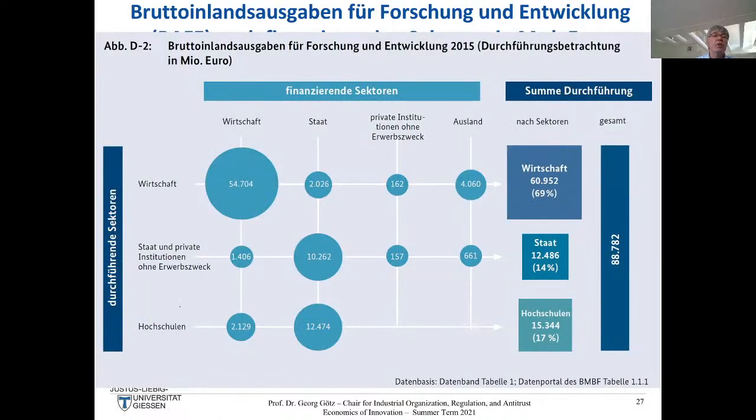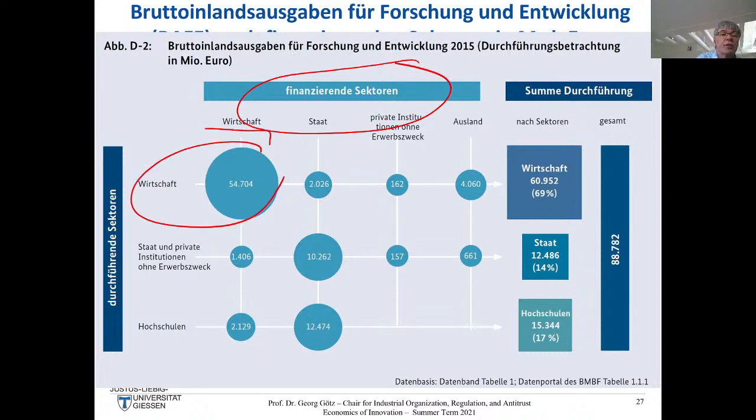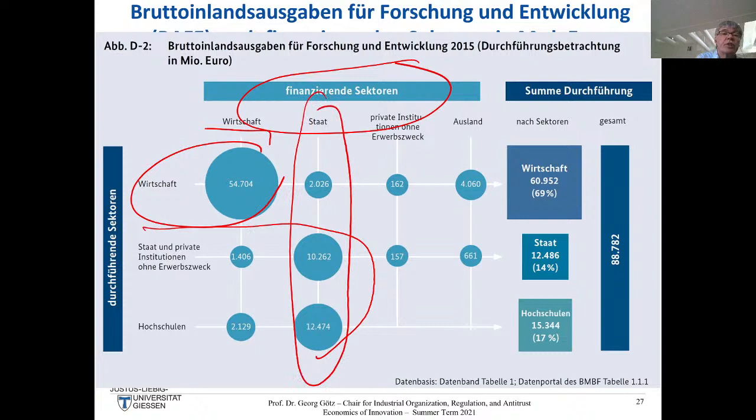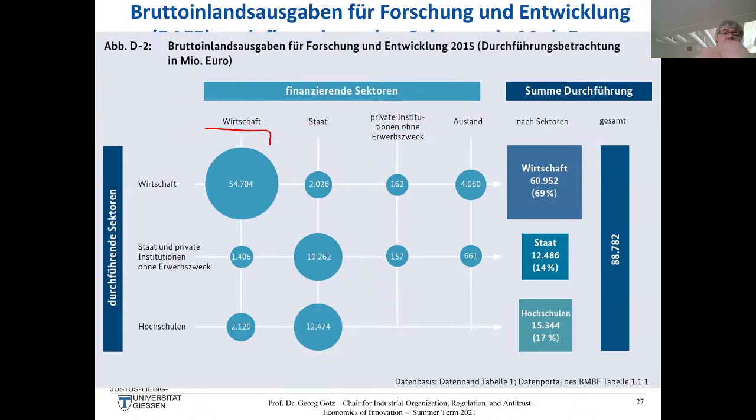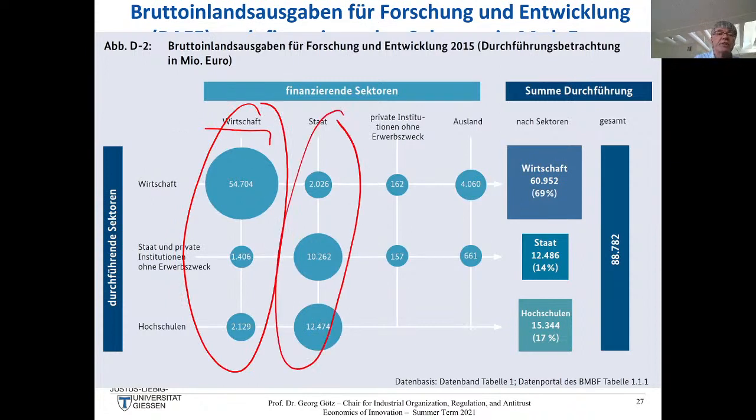Okay, here you see finanzierende Sektoren. So these would be the funders. And you see here, it's particularly the business and the government, that would be this column here. The business funds this part and the government funds this part.